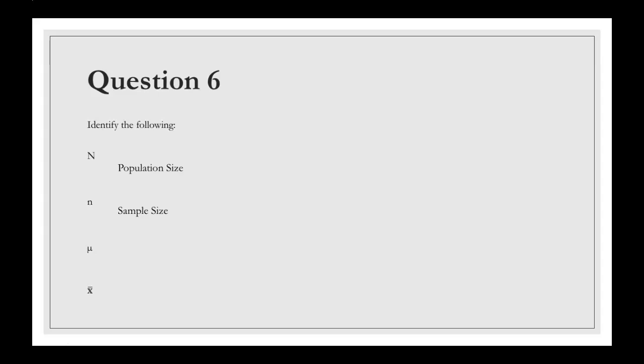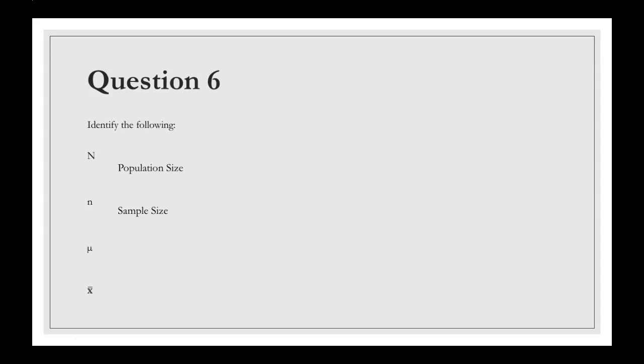K is your number of samples. So if you take 5 samples of 20 observations each, K is 5 because that's the number of samples that you took. N is 20 because that's how many observations are in each sample. Right, so little n is sample size. Big N is population size. And K is the number of samples.